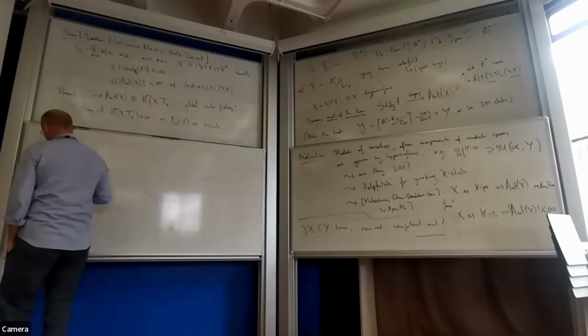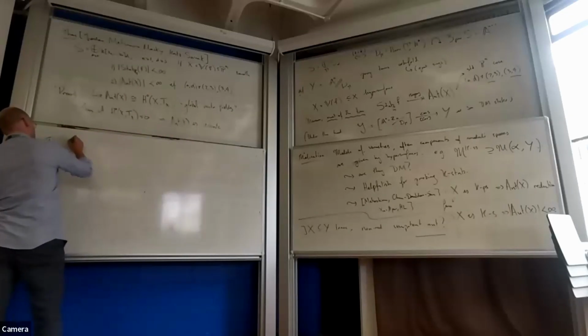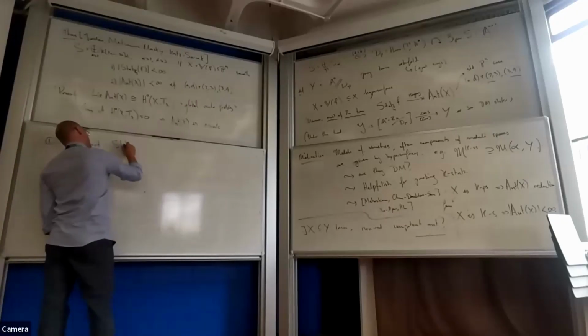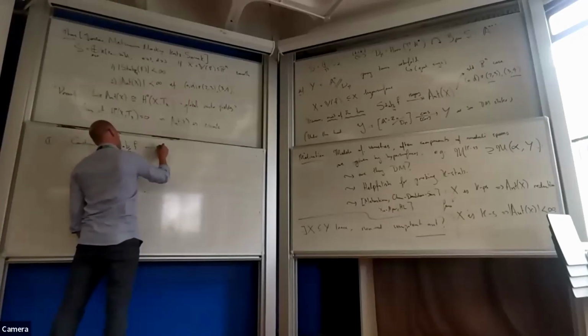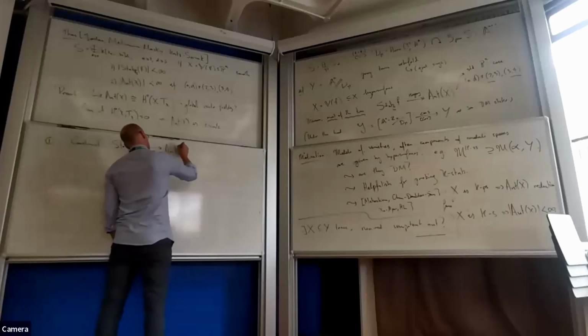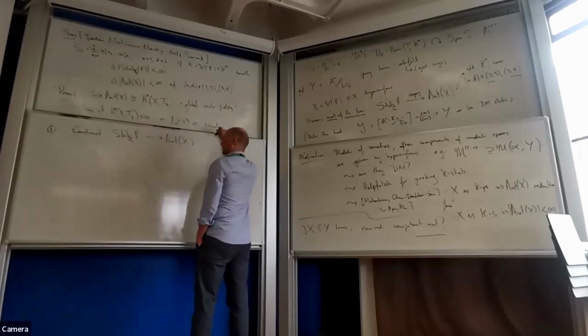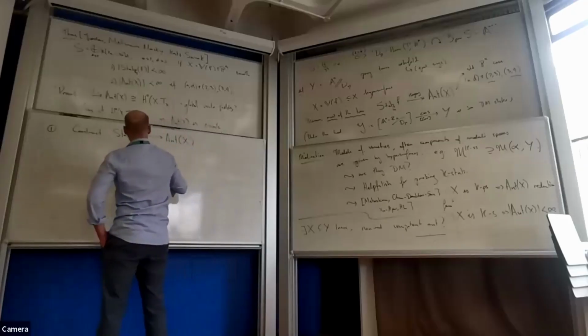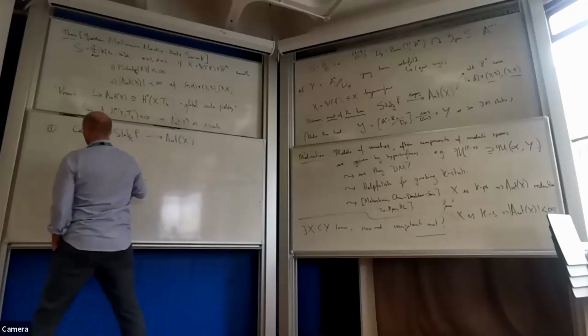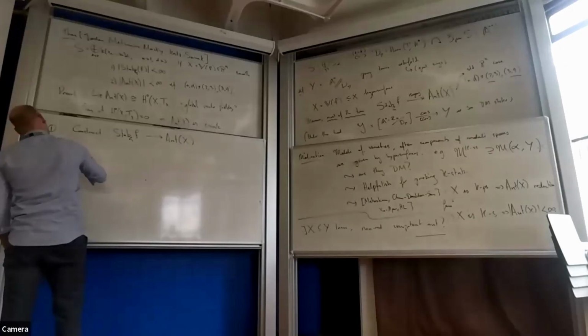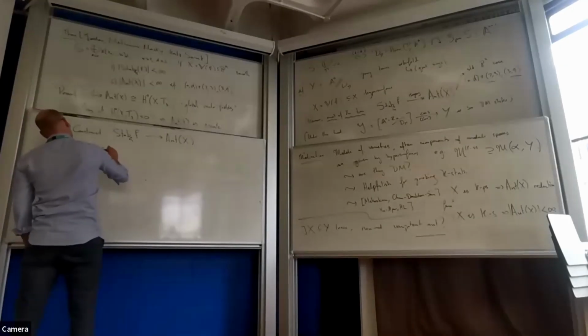And the first thing to do is to construct a map, so the first step is to construct stab G F to aut X. And I won't talk about this, this is a different thing, but you can do it. And then the second thing is to show that H naught of Tx is 0.